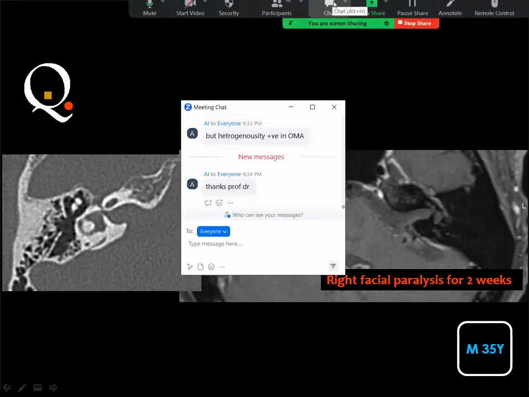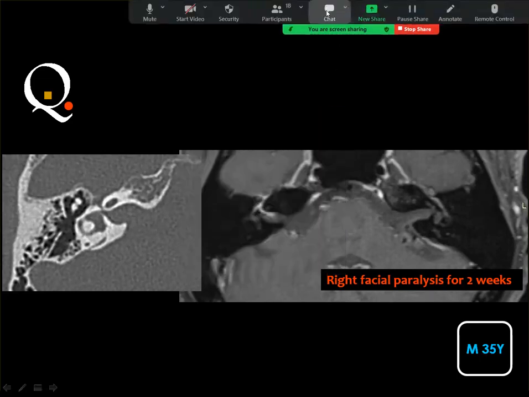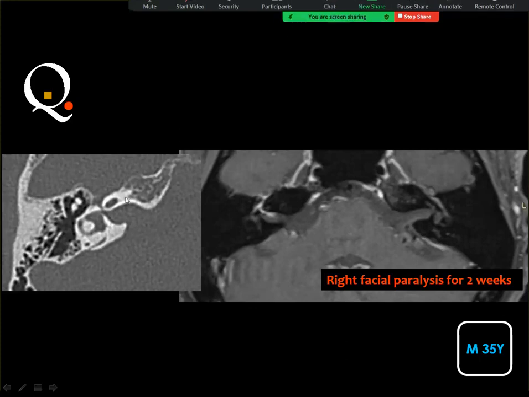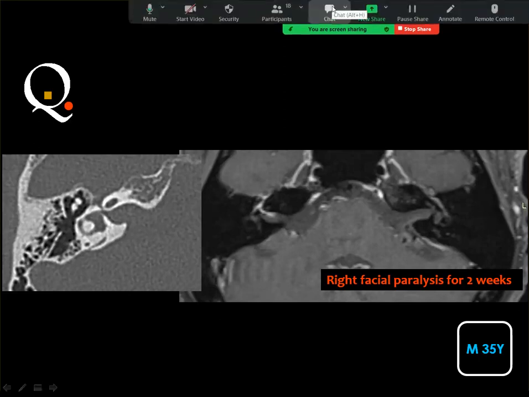Thank you. And this patient with right facial nerve paralysis, this is a CT scan, and this is axial T1 post contrast for the petrous bone.